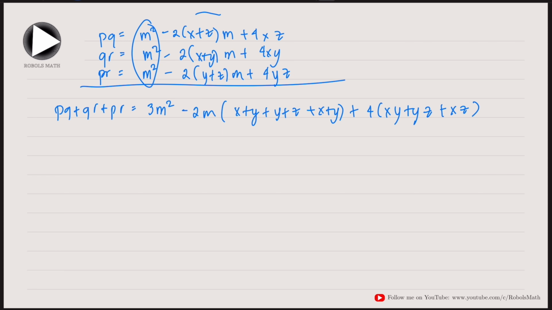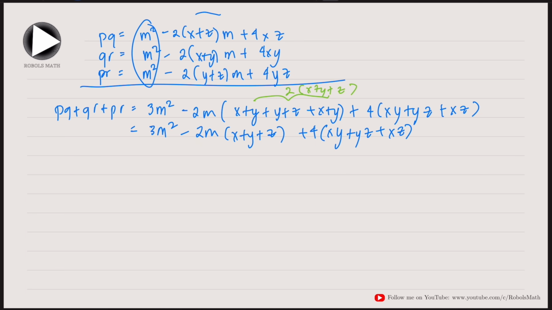Let's rewrite this one as 2 times x plus y plus z. So we have here 2m times x plus y plus z plus 4 times xy plus yz plus xz. Recall that x plus y plus z is m, while this one is n.